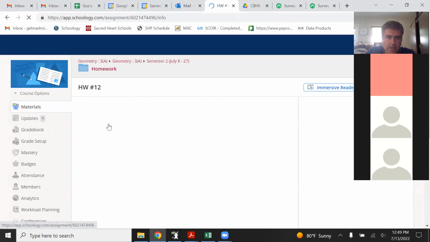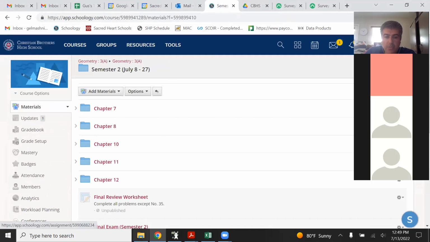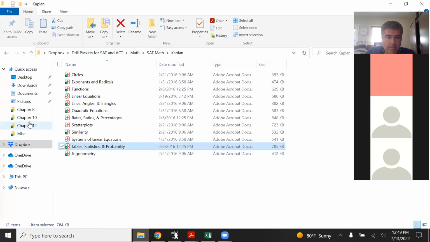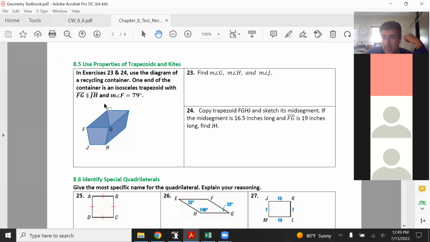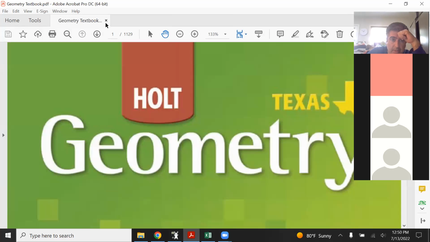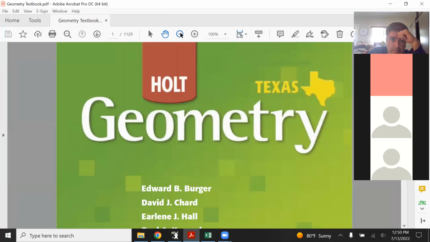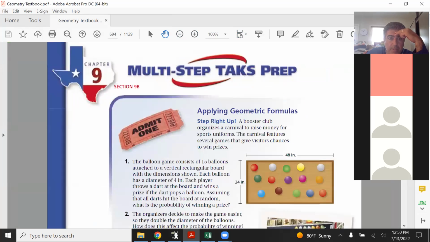Make sure the file's there, which it is. Okay, great. And then for extra practice you guys can do, I'm going to see if I can create a quick PDF. It might be a little tricky because when I'm on Zoom, it acts a bit slow. And I'm not sure which page numbers to go to exactly.